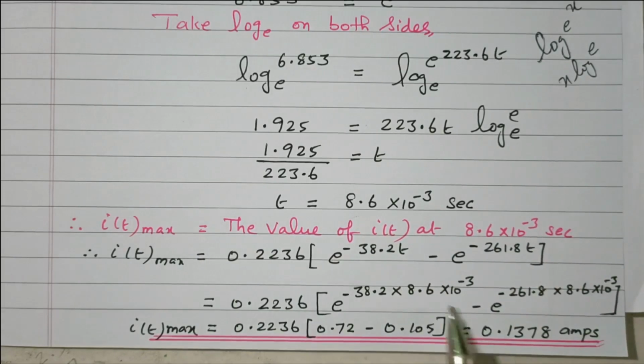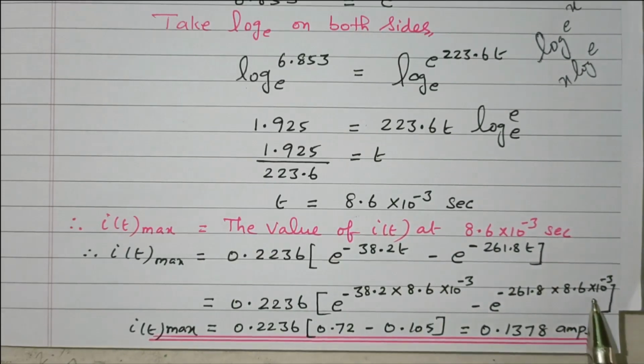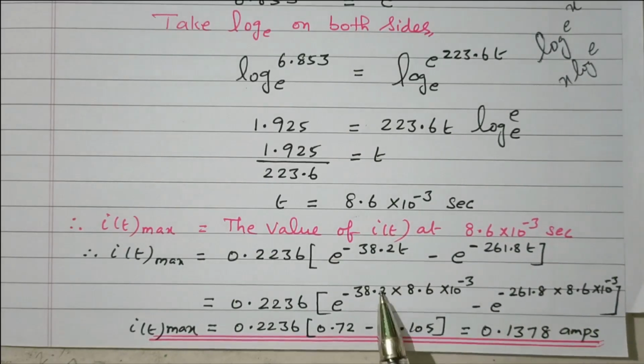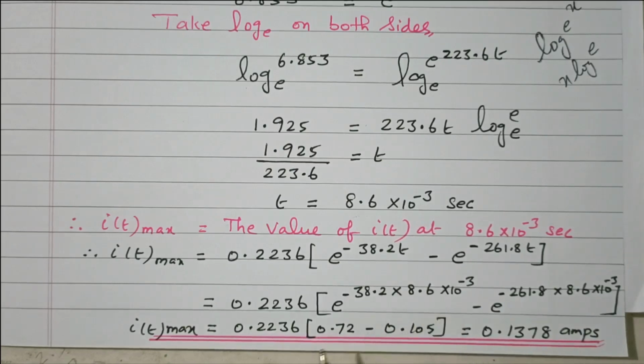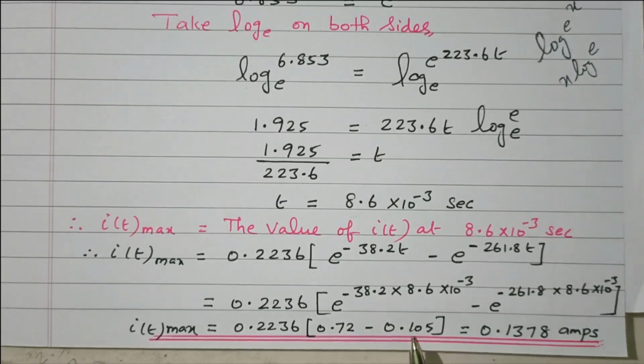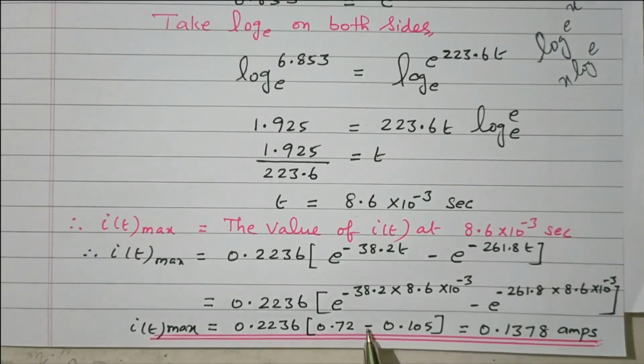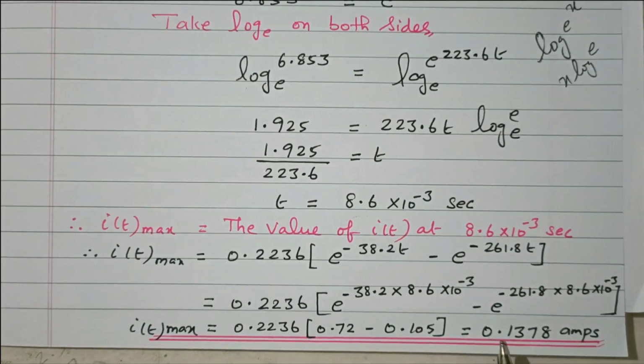Now the t value is substituted, then it is multiplied, then simplified. Finally we got 0.2236 of 0.72. e power this value is 0.72. This value is 0.015. So after subtraction and multiplication, we got 0.1378 amperes.